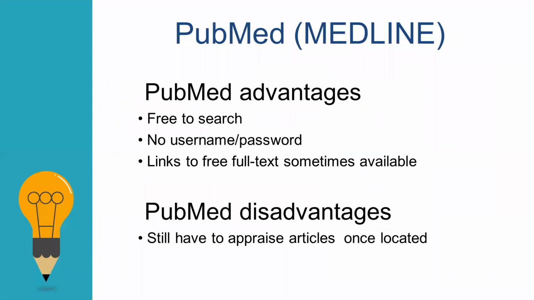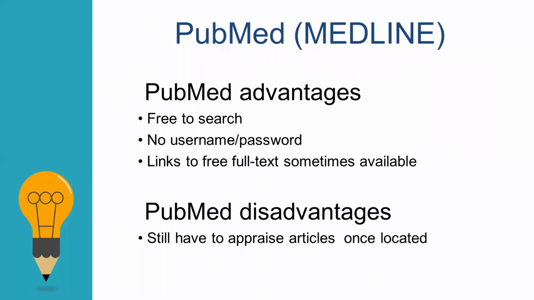So let's see the advantages of PubMed. As you have seen, PubMed is free to search. It doesn't require any username and password. Rather, it allows you to sign in and use many other freely available functions, like creating an alert, saving your articles in your library, and so on.